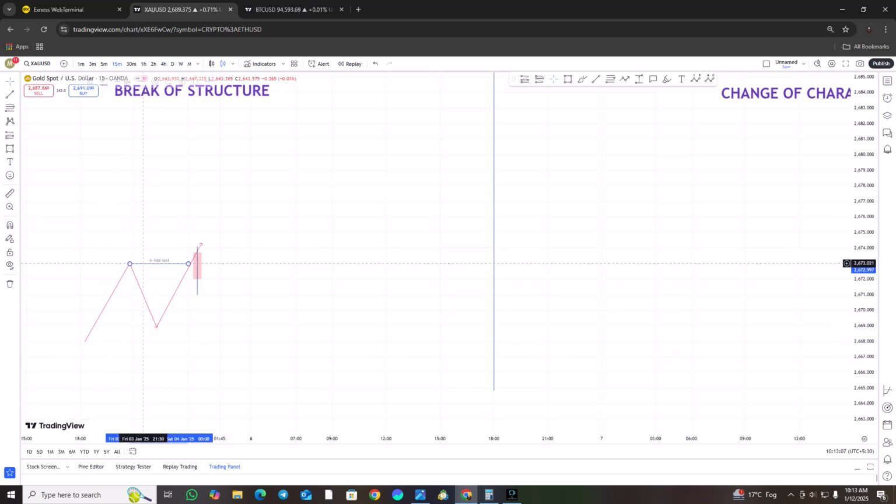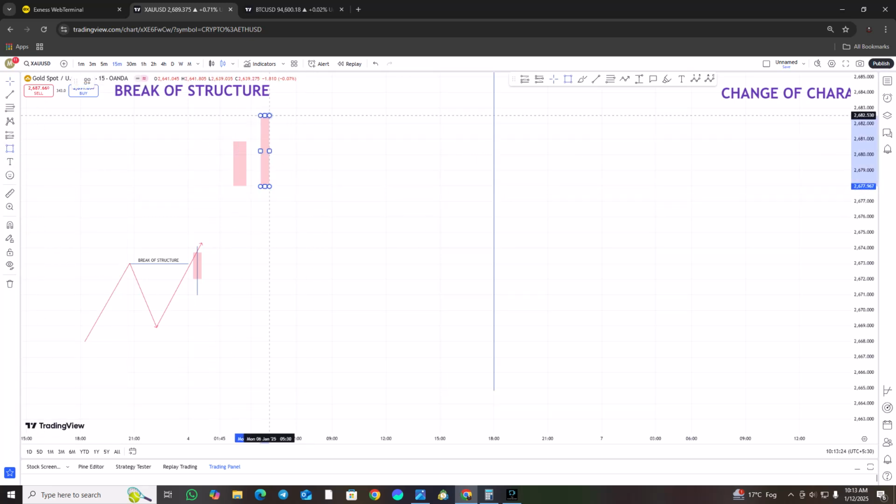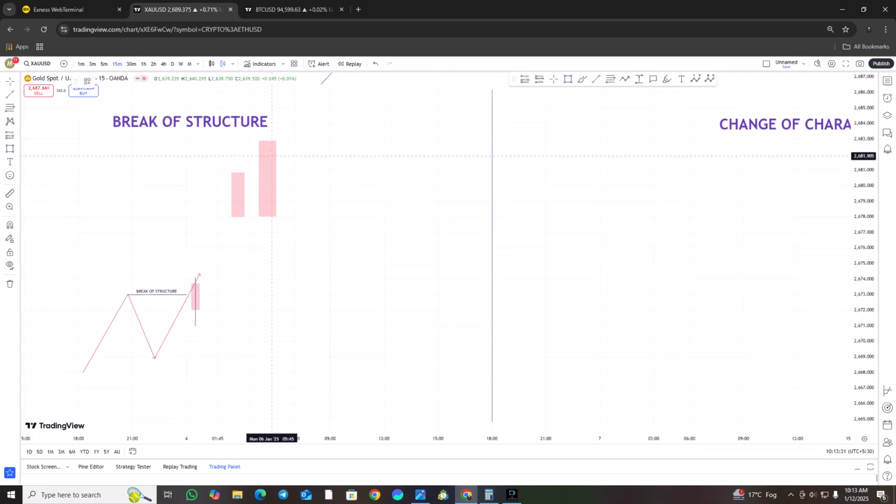So to confirm the break of structure, there are two things we have to look for. The first thing is called the three candle pattern.